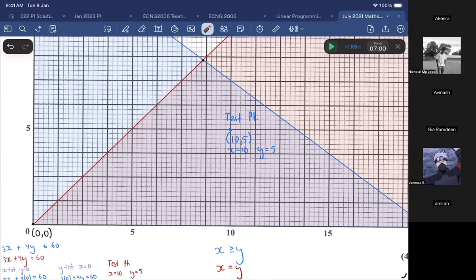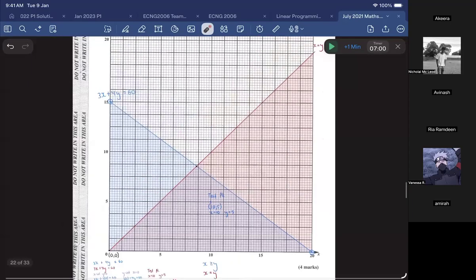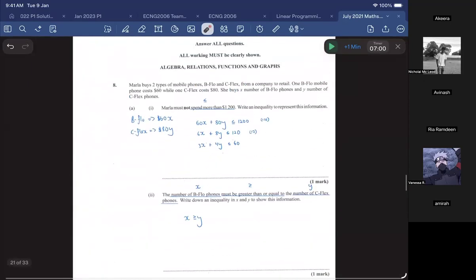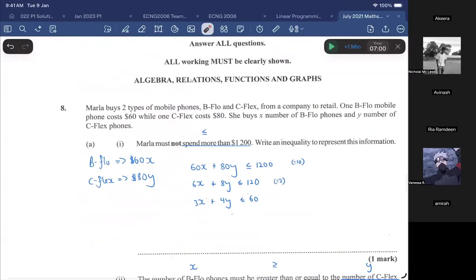But long story short, if you read off this point, is it gonna give you a whole number or a decimal? A decimal, right? And from the start, we said that x represented what? What did x represent?